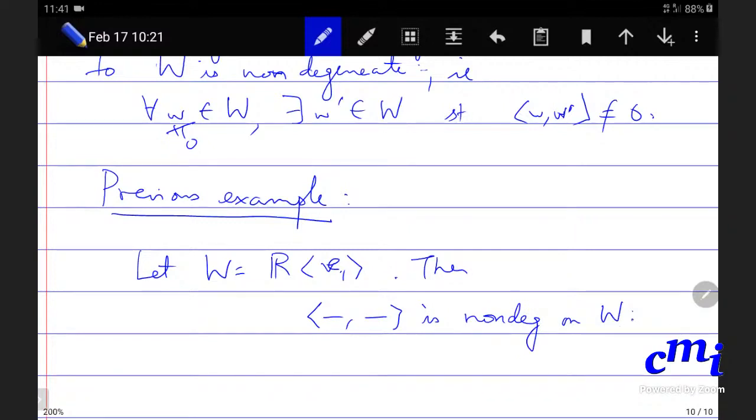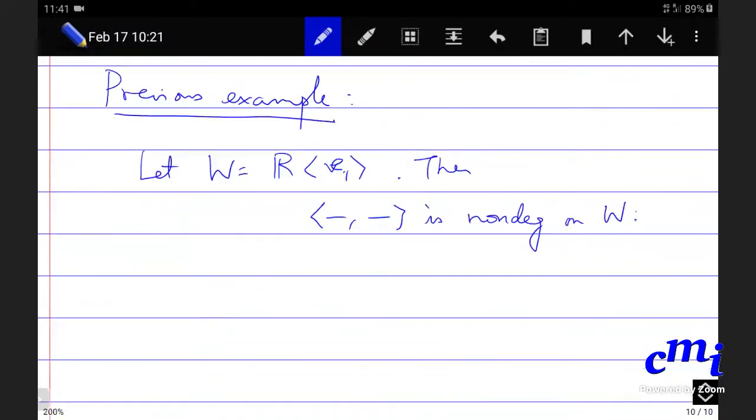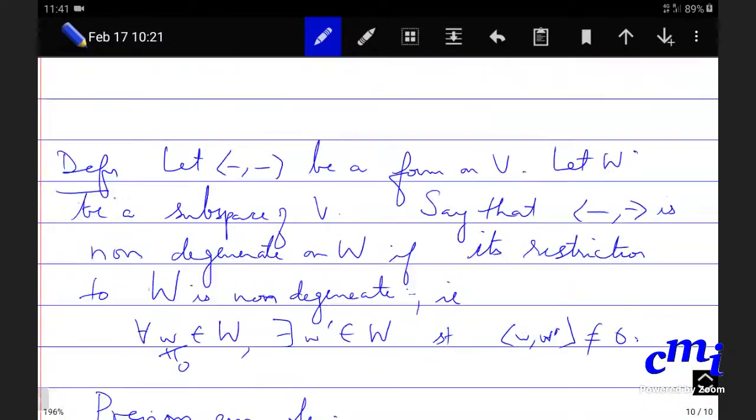I will give an example where on the larger space something is non-degenerate, but there is a subspace on which it is degenerate. It requires a small computation, so I will outline it in the exercises, and maybe it's time for you to think about it also. It is possible that on a larger space some form is non-degenerate, but on a subspace it is degenerate. Here we have seen the other way: on a subspace it is non-degenerate, but on a larger space it is degenerate.